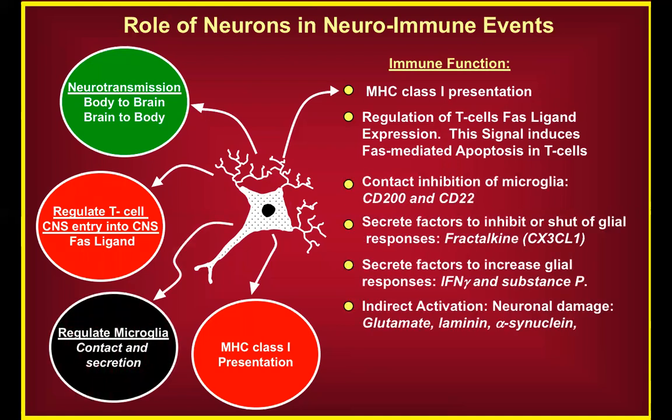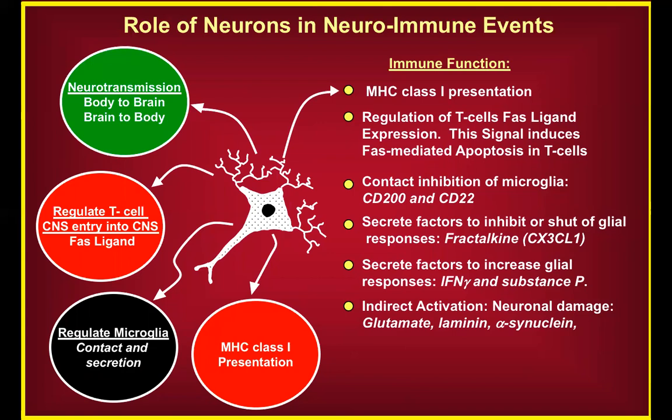We also see neurons are very important in the regulation of microglia. We're going to go through this quite a bit in some of the later lectures, so we'll just touch on it here. We see a number of things that are involved in contact inhibition. The CD here means cluster of differentiation, and if you see CD in front of a number, it's usually tied to the immune system. So they use CD200 on the neurons, and the receptor is on the microglia, and it helps with contact inhibition.